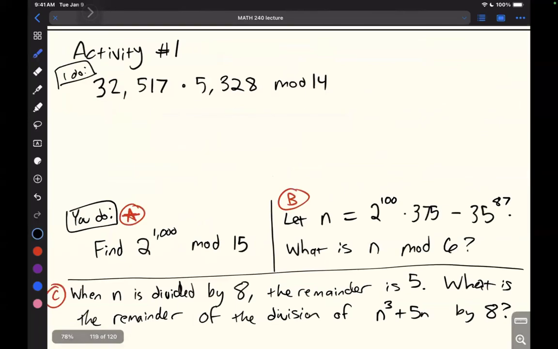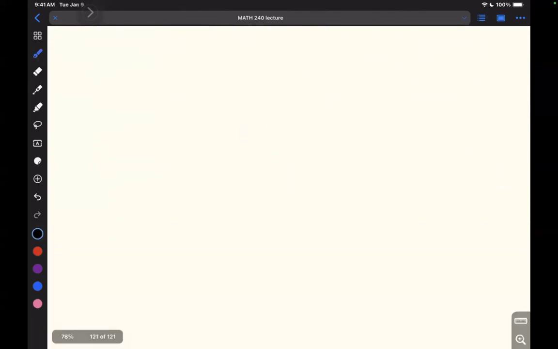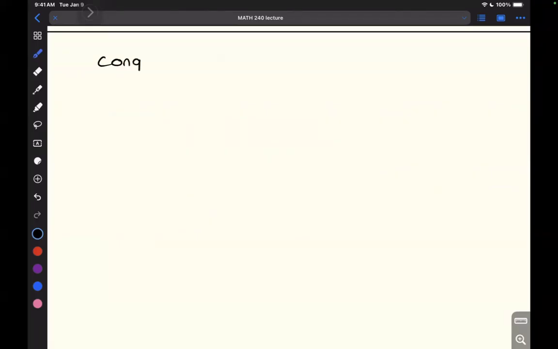All right, so I pre-wrote these, so we're going to scroll past our activities and talk about this. So this is all about congruences, where we've learned what modulo means.